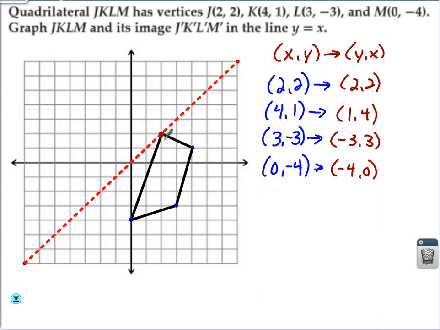His nose is on the mirror. 1, 4. Negative 3, 3. And negative 4, 0. Connect our dots. And we have a mirror image.